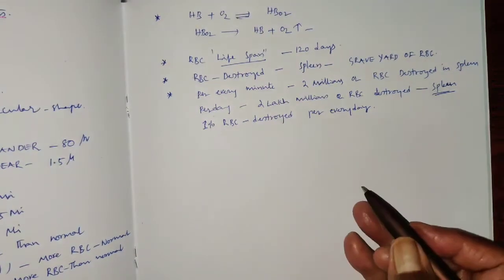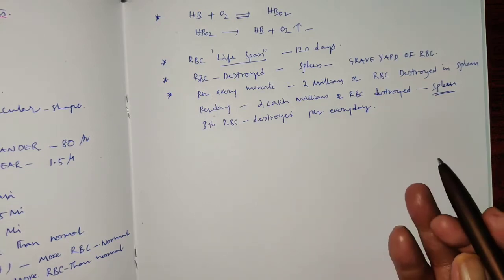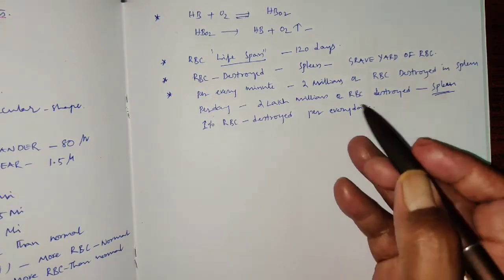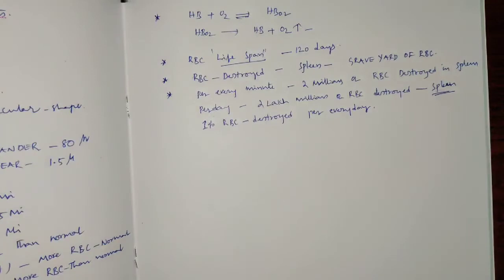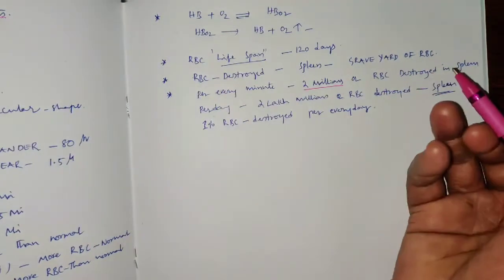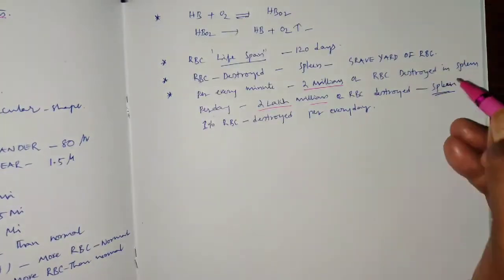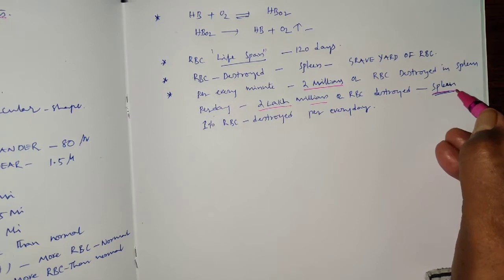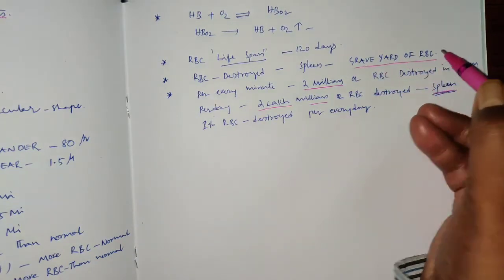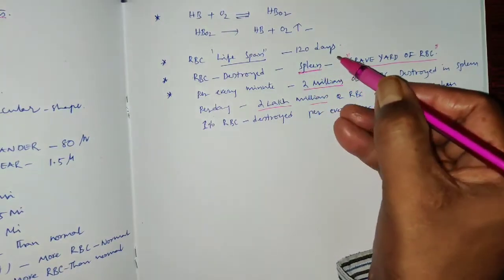At the same time, the same number of RBCs are added to the blood. How many are destroyed, the same number will be added. 2 million per minute, 2 lakh million per day are destroyed in the spleen. So the spleen is called the graveyard of RBC.